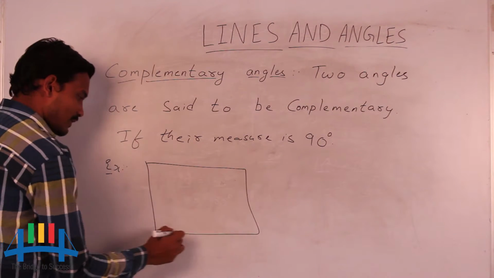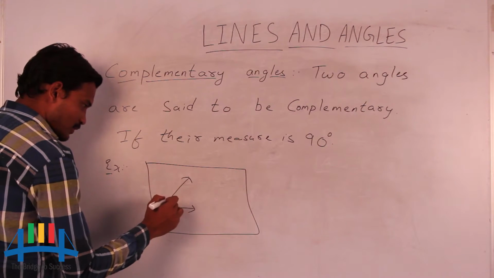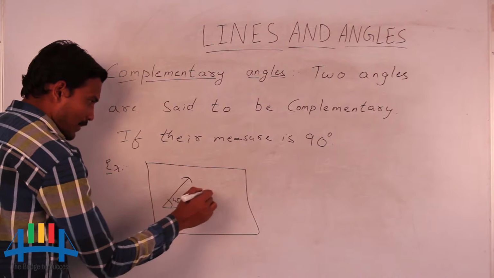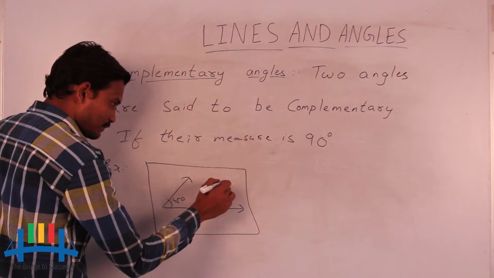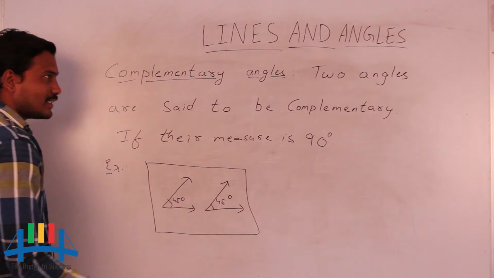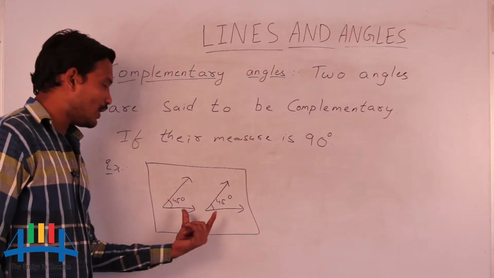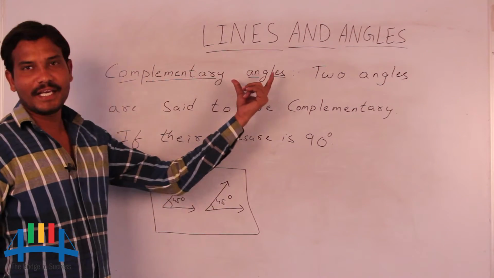In one box I am taking two angles. Here it is 45 degrees and here one more 45 degrees. So the sum of both angles, if I add these both angles, is 90 degrees. So we call these both angles complementary angles.